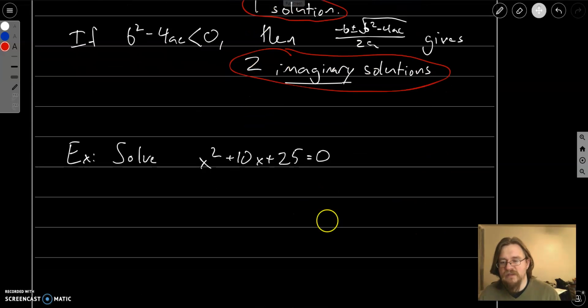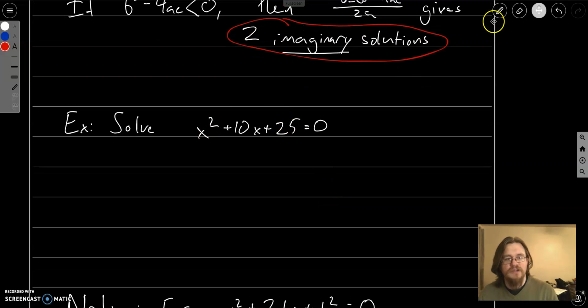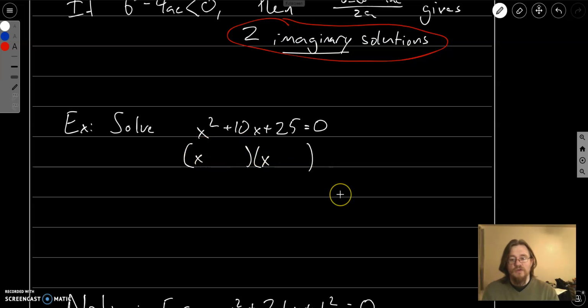So I quickly want to look at this equation here, and I'll solve this by factoring first, and then we'll come back and look at the quadratic formula. Here again, what we really want to do when we're factoring is to break this apart into two monomials where we only have an x in both of them.